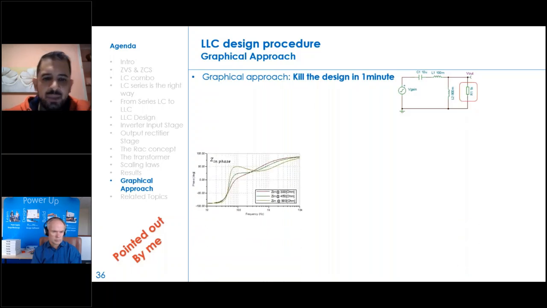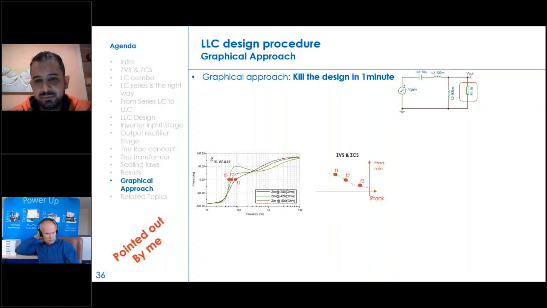So if we sweep the tank resistor of our initial LLC, looking at the input impedance phase, we see how the minimum frequency to get zero voltage switching decreases as the tank resistor increases. This is this graph.